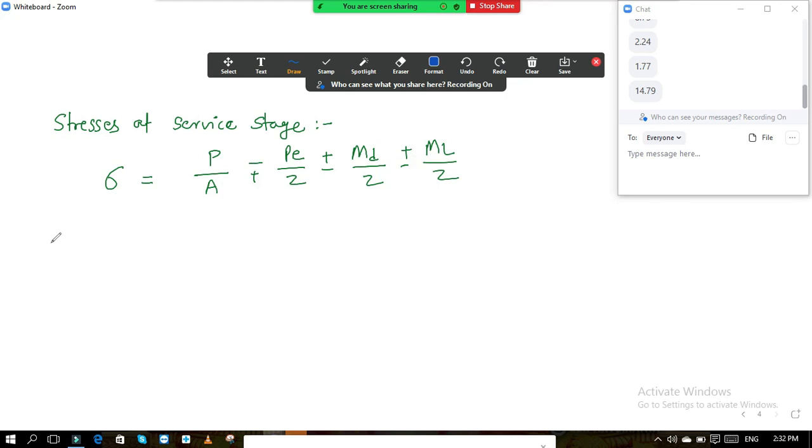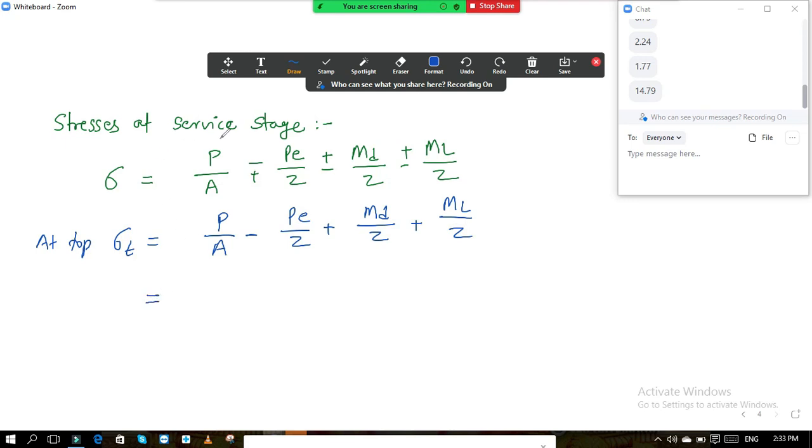So now at top, sigma T is equal to P by A minus P by Z plus MD by Z plus ML by Z. So put all the values.